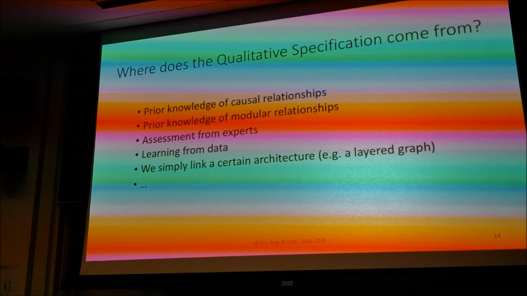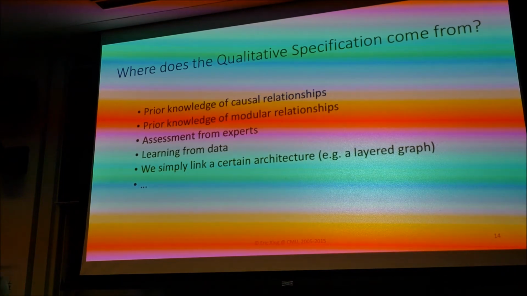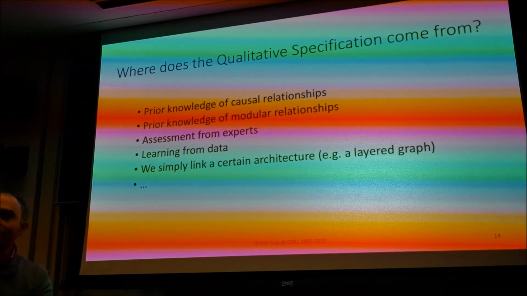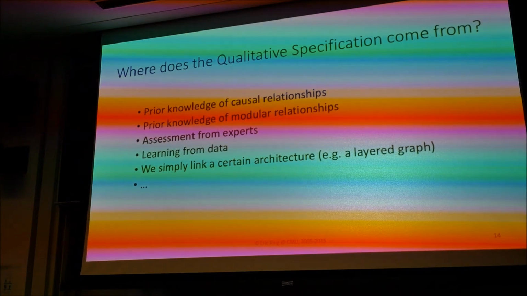Either it's coming from your domain, you learn it from the data, or, because it can be a very big graph, you build it as a module. So you have a module that, let's say, does clustering for you. And you think, oh, part of my data should be clustered, so just plug that in and connect it. So either you build it in a modular way, or from your domain, or you get it from the data, or some combination.